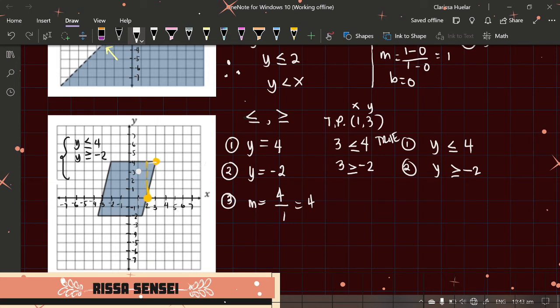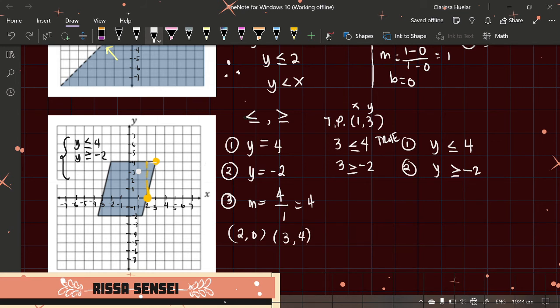So, ang slope natin ay 4. Ngayon, yung points natin na ginamit, anong coordinates niyan? Ang coordinates niyan ay yung isa 2, 0 at yung isa ay 3, positive 4.